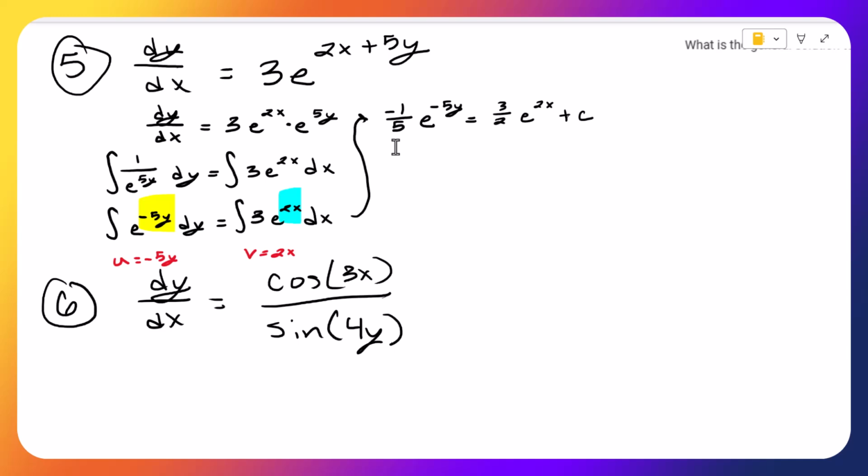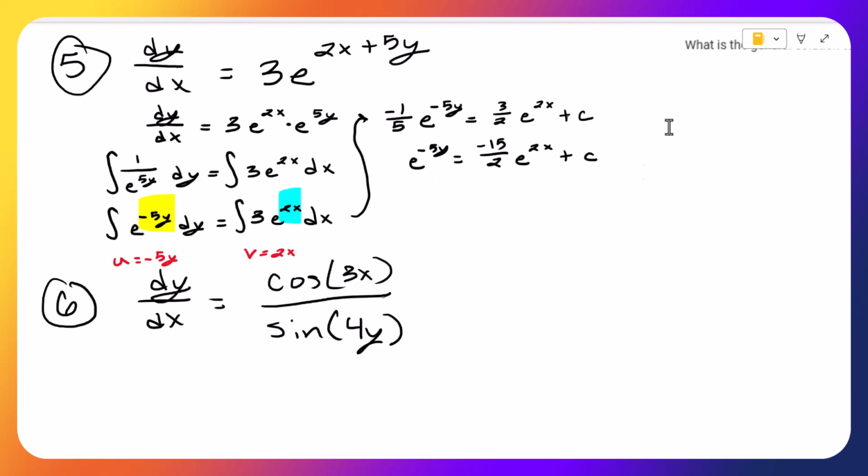So we end up getting e to the negative 5y equals negative 15 over 2 e to the 2x plus c. Because we're multiplying, that doesn't change the value of c, so I'm just going to leave it as plus c.